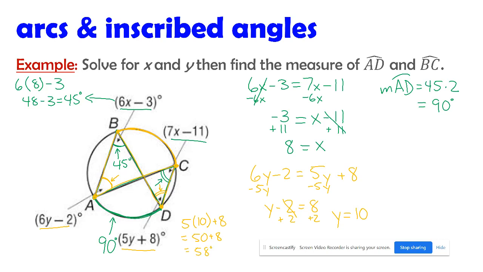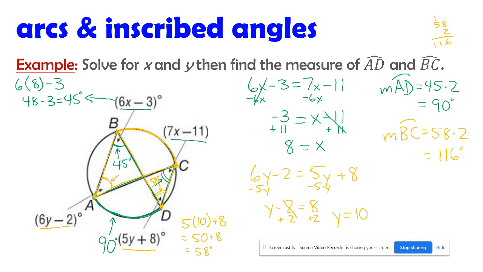So this angle right here, angle CDB, is 58 degrees. And so to get my arc, again, I'm going to take my inscribed angle and multiply it by 2. So to find the measure of arc BC, I'll take my 58-degree angle, multiply it by 2, and I'm going to get 116 degrees.